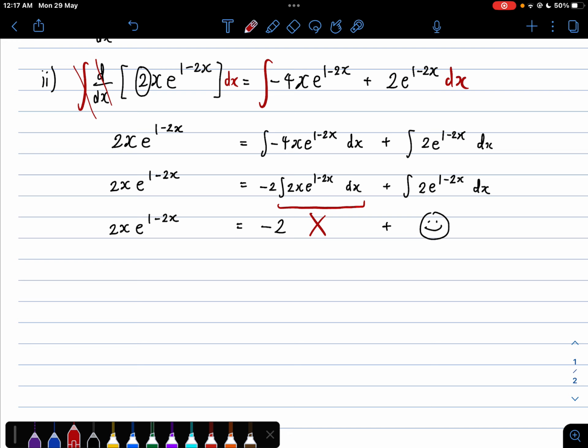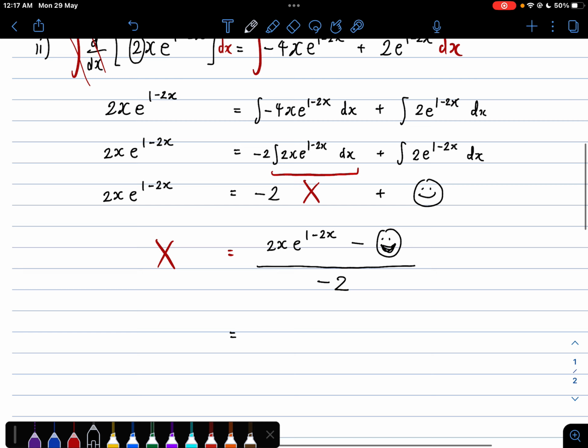Yes. Capital X in this case will just be whatever we had on the left hand side, subtract away the happy face, divided by negative 2. Okay, good. So what is that happy face and what is the x?